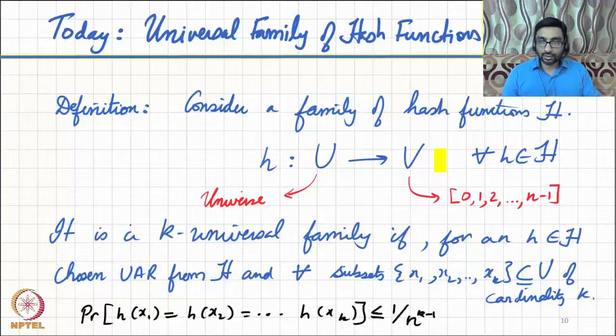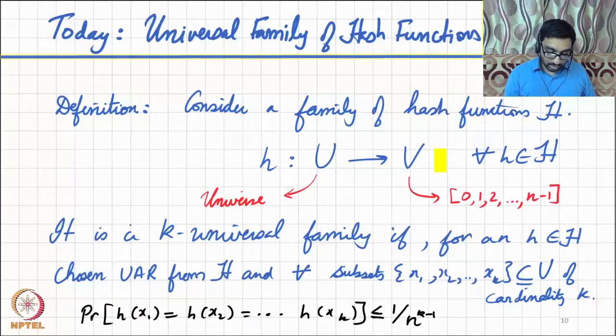Then we will require the probability that each of the items hashed into the same locations should be at most 1 over n to the k minus 1. If this condition holds, then this family is called a k-universal family of hash functions.